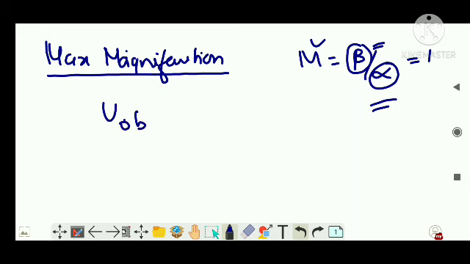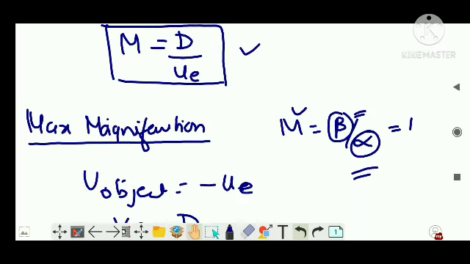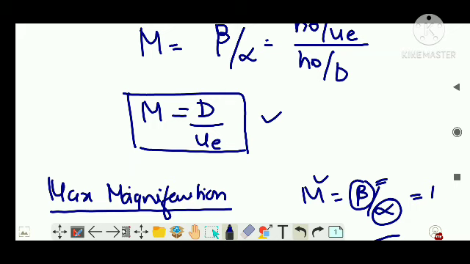When the object is at the place minus UE. Why did I write minus? Because this is the lens, and I have the measurement of UE in the direction of the incident ray, so the object distance is minus UE, and V is minus D. Similarly, sometimes you will write U as minus U. The problem is, if you keep the object here, the measurement D is also minus, so it is easy that I don't write minus and minus.